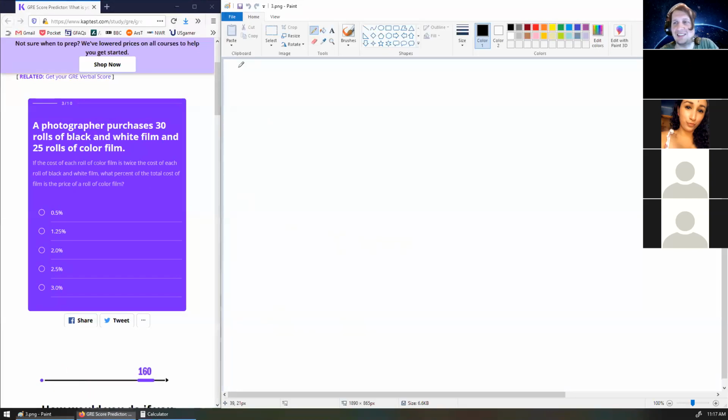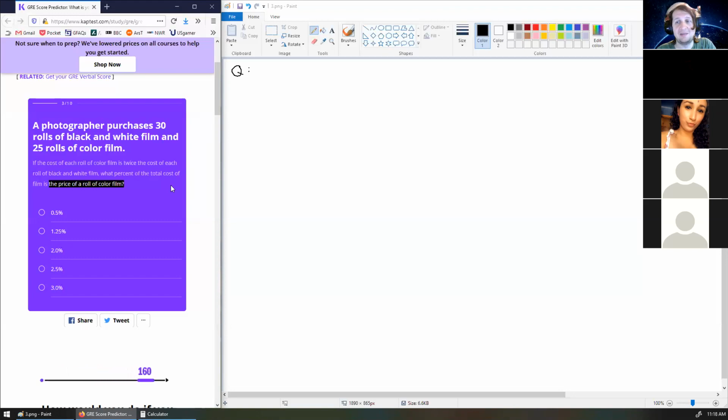So let's just try and translate that first. What is the question? It wants to know what percentage of the total price a roll of color film is. It's trying to say, what's the cost of a single roll of color film as a percentage of the total order cost?